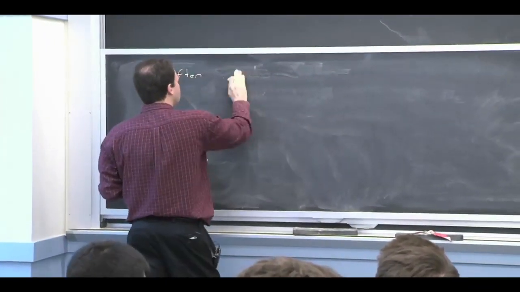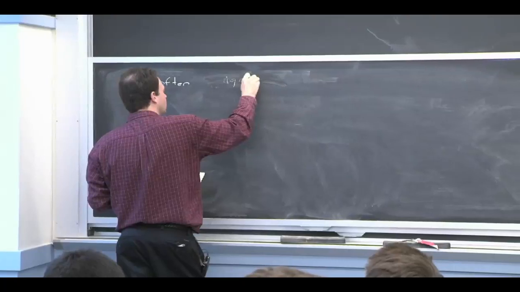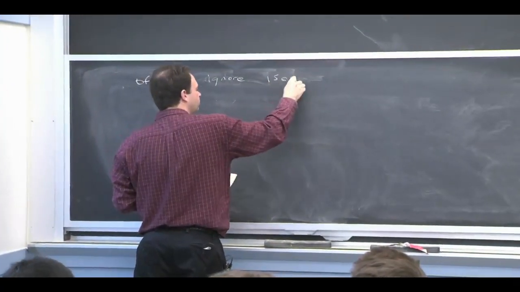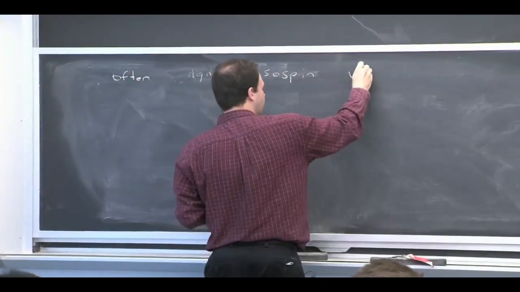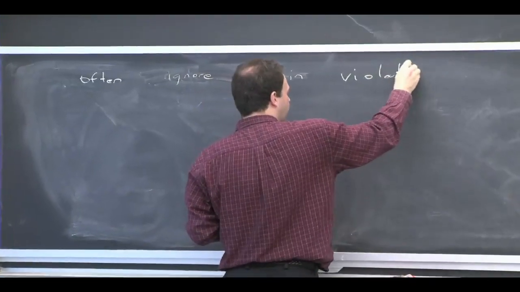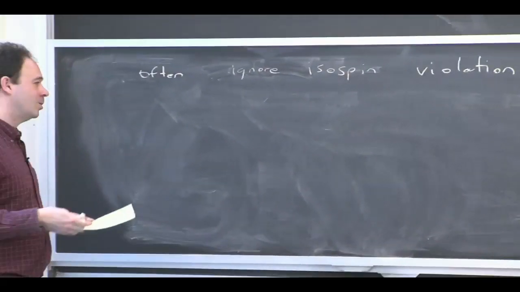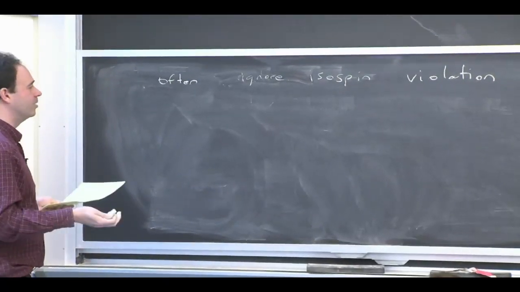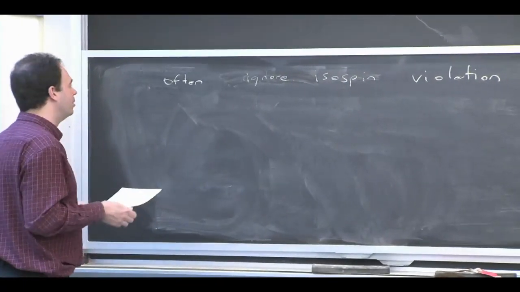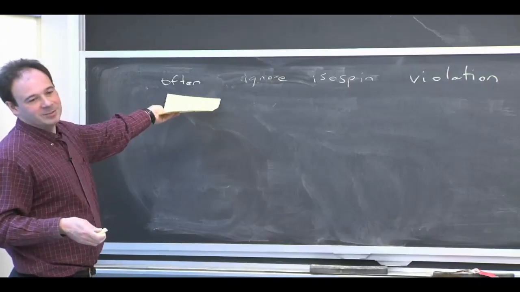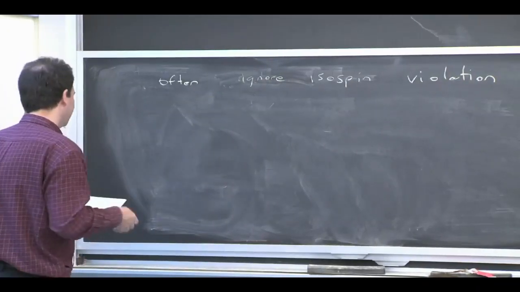We often ignore isospin violation. Isospin violation is very small. And if you remember, for the SU3 case, you're expanding in ms over lambda QCD, or mk over lambda chi. So it's not a great expansion. You have something like a third. So ignoring isospin is perfectly valid if you're expanding in a third.